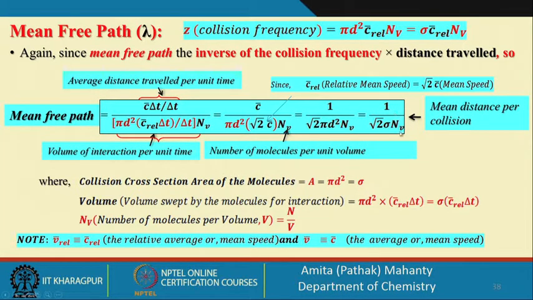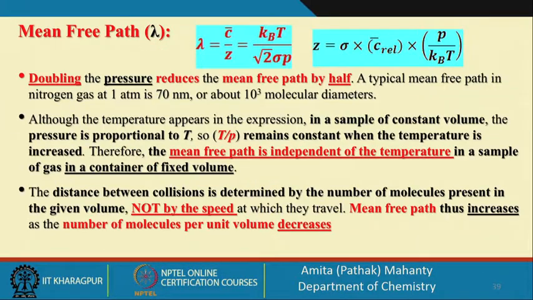If you keep breaking and reforming the expressions, you get the same terms, you remember, but written in a different form, 1 by under root 2 sigma, and this is the number density. Number density is the number of molecules per unit volume of the container. Okay, and sigma is the collision cross section area, that is pi d square.